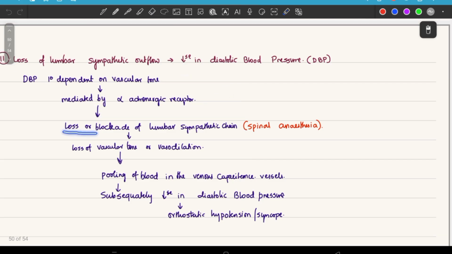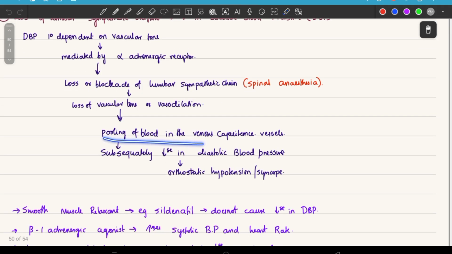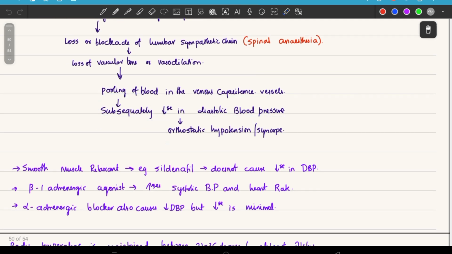The loss or blockade of the lumbar sympathetic chain, that is when spinal anesthesia is given, the loss of vascular tone or vasodilation occurs. Hence there is pooling of blood in the venous capacitance vessels. Subsequently, a decrease in the diastolic blood pressure occurs. Orthostatic hypotension or syncope can occur.